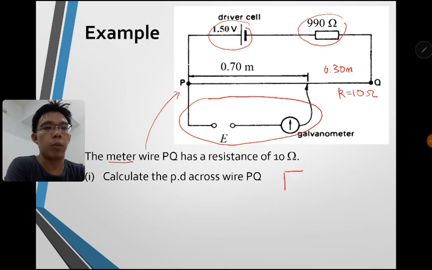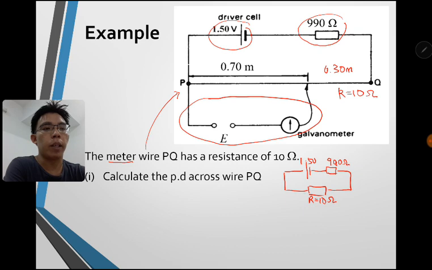You just have to view PQ as a resistor that is in series with the 990 ohm and also the 1.5 volt cell. Okay, so this is 990 ohm and this is the R, 10 ohm.